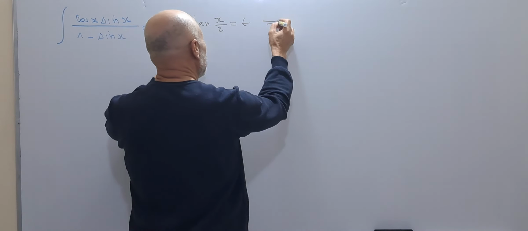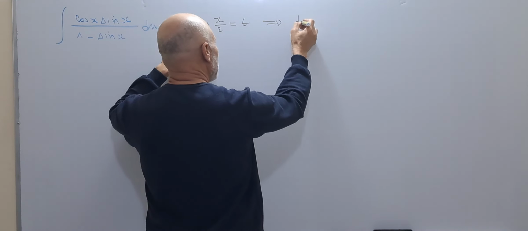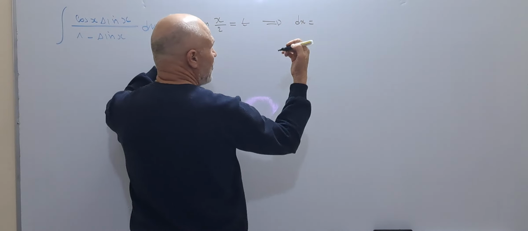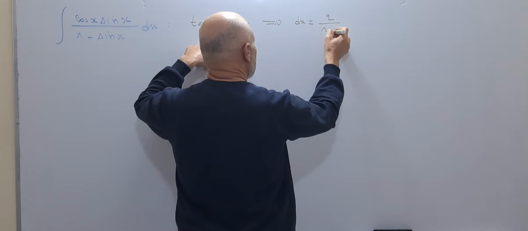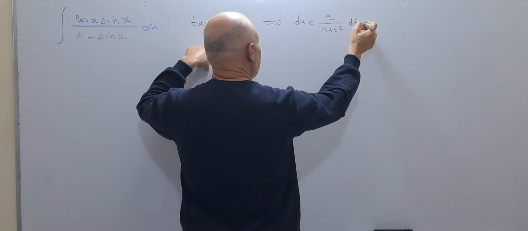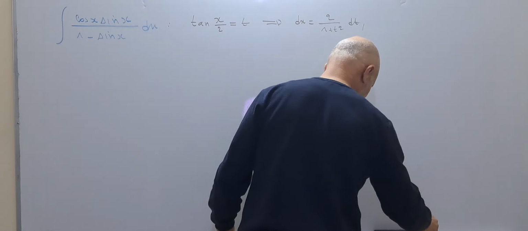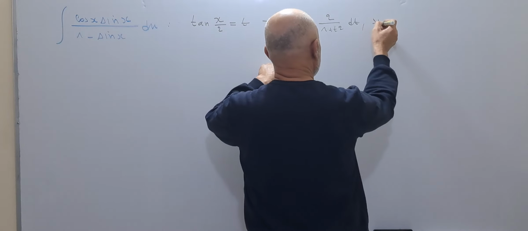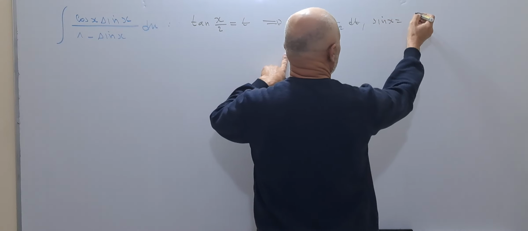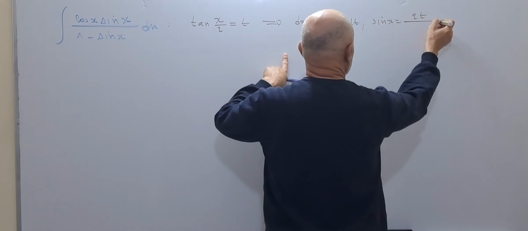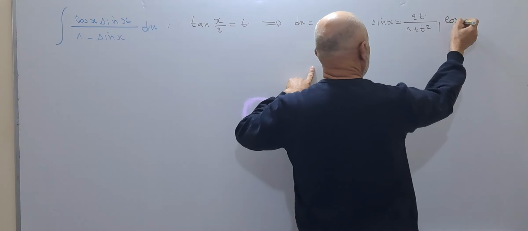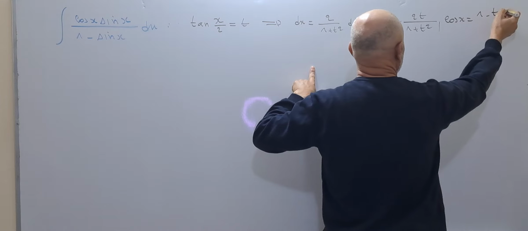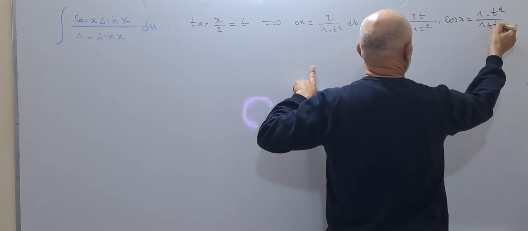This implies, as we saw in the last video, dx equals 2 over 1 plus t square dt, sine x is equal to 2t over 1 plus t square, and cosine x is equal to 1 minus t square over 1 plus t square.